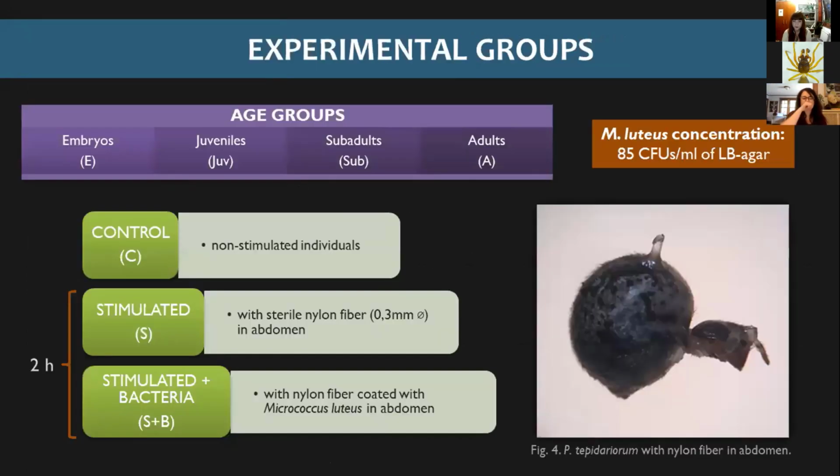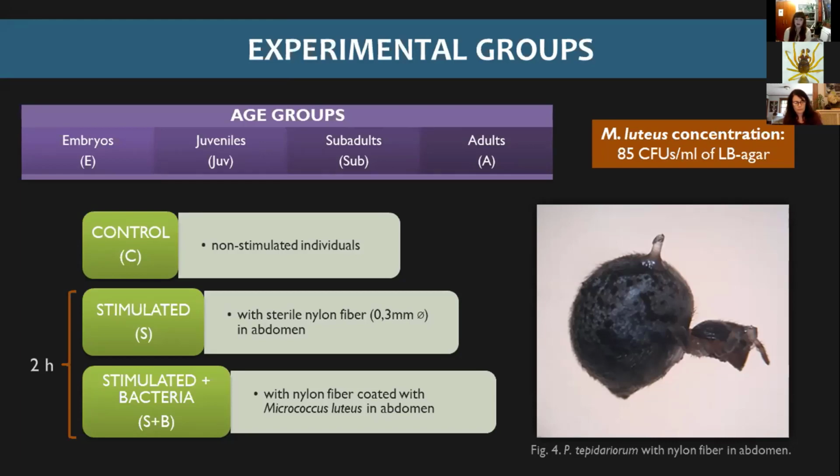To deal with those questions, we tested selected experimental groups: age groups, and groups with different levels of immunostimulation. The age groups were embryos, juveniles, subadults, and adults.